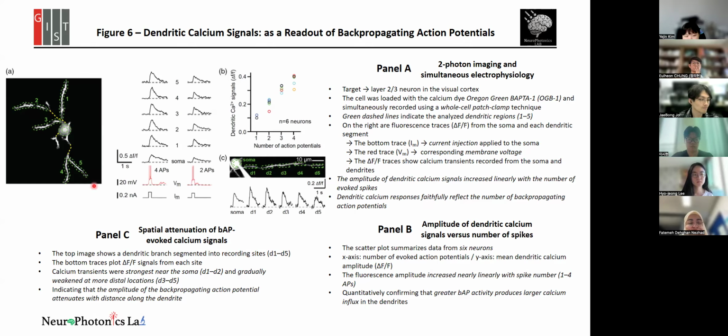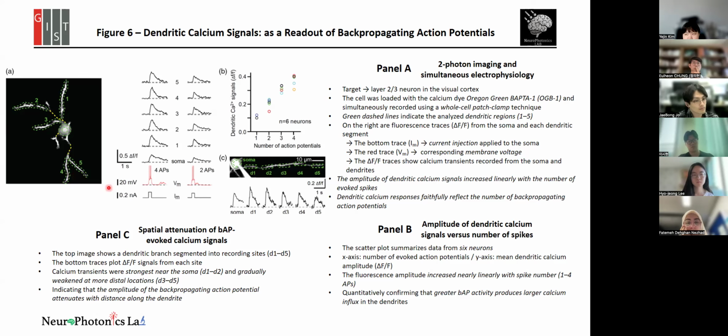The target cell was the layer 2/3 neuron in the visual cortex. And the cell was loaded with the calcium dye Oregon Green BAPTA and simultaneously recorded using a whole cell patch clamp technique. And here the green dashed line indicates the analyzed dendritic regions.